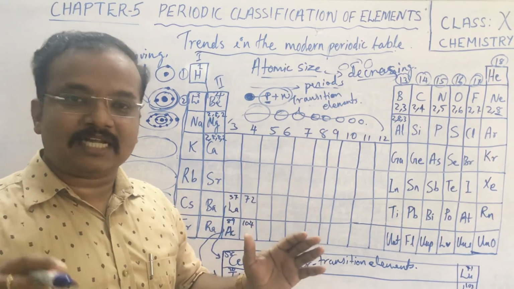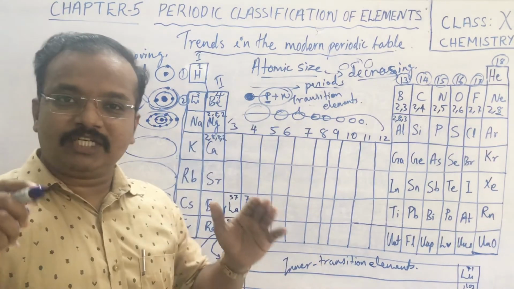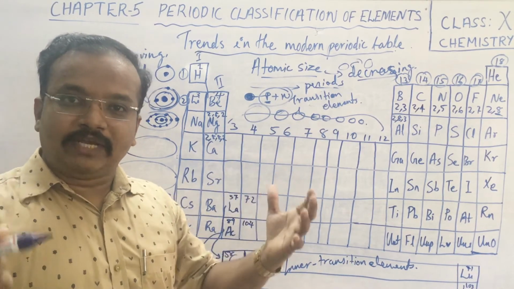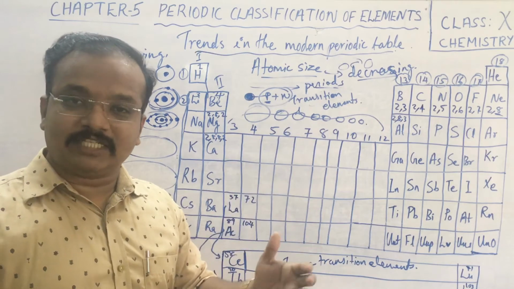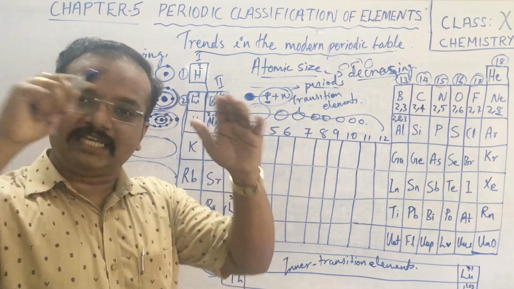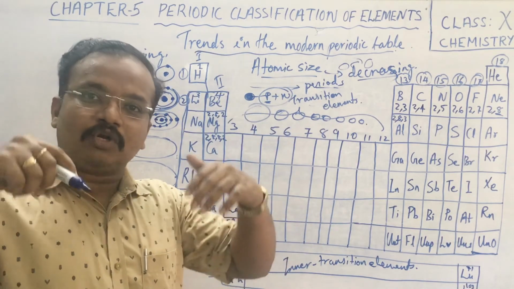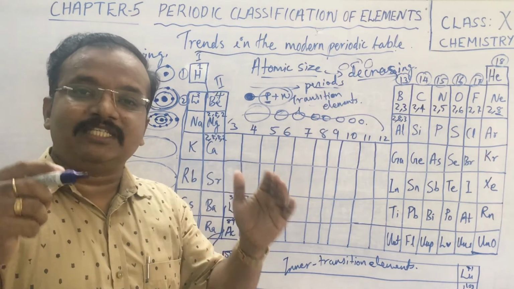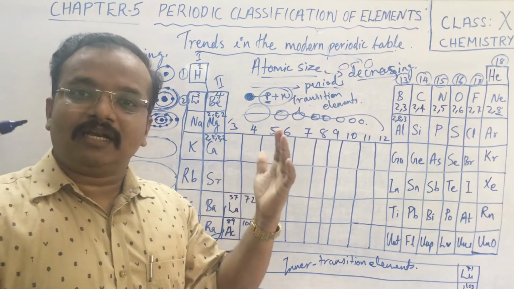Nuclear charge means the positive charge keeps on increasing, that is, the protons keep on increasing. At the same time electrons are also increasing, but electrons are increasing in the same orbit only. It is not going into the next orbits. But nuclear charge is increasing due to the increase in the number of protons.